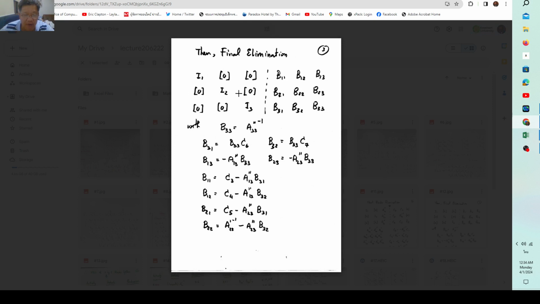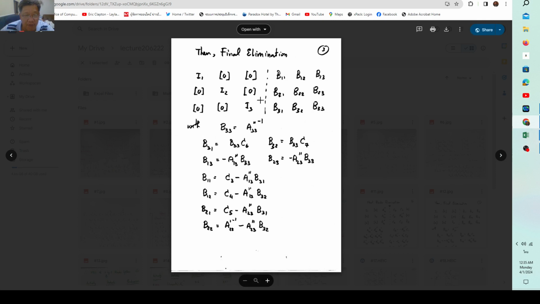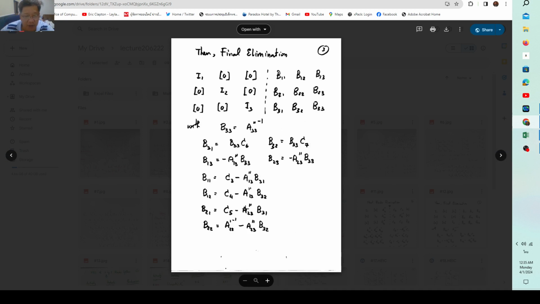But now your elimination submatrix is A23 double prime over here. So it becomes A23 double prime times B31, subtracted from the original value of B21. The original value is C5. So B21 is C5 minus A23 double prime times B31.